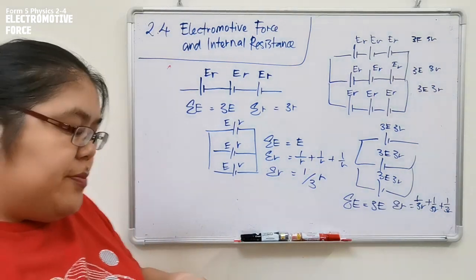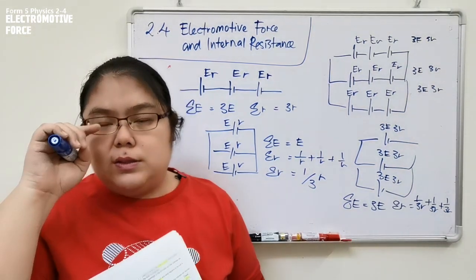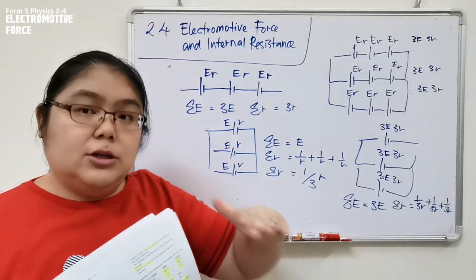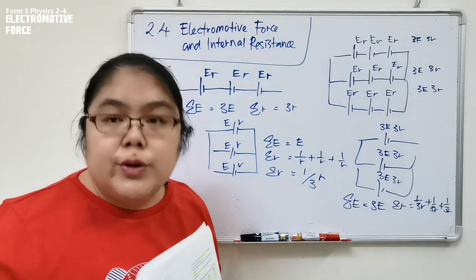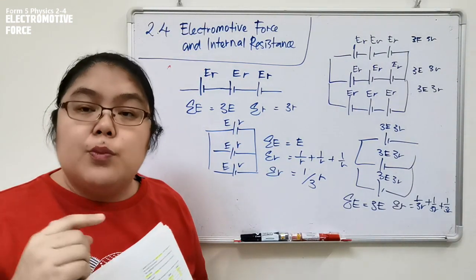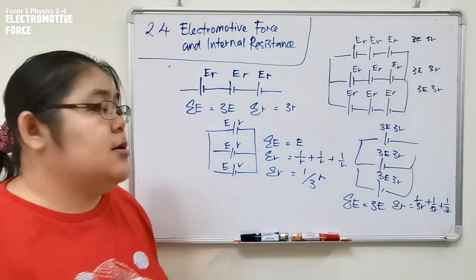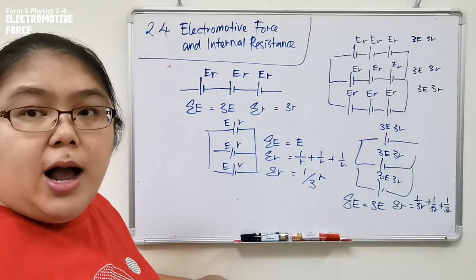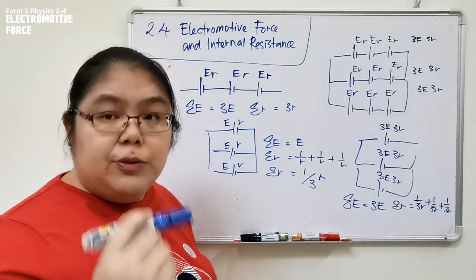Agreed. Remember, before that we learned about resistance. If three resistances are the same, 8, 8, 8, what do you need to do? You take the 8 divided by 3. So from here, 3R, 3R, 3R, we take the 3R divided by 3.